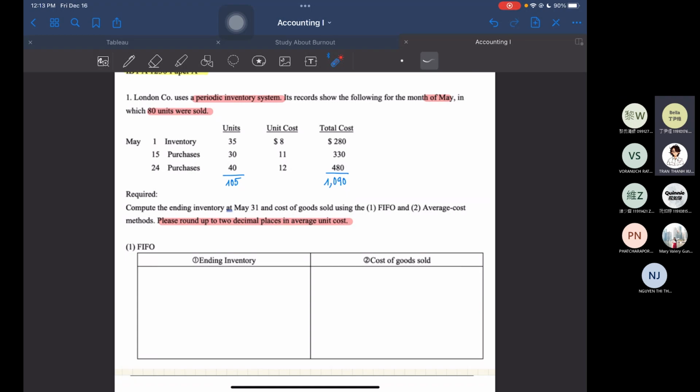Hello, can someone reply? 105? 80? Wait. 105 is the total units available for sale. But is that 80? No, that is the units sold. I'm asking how many I have in the ending inventory.